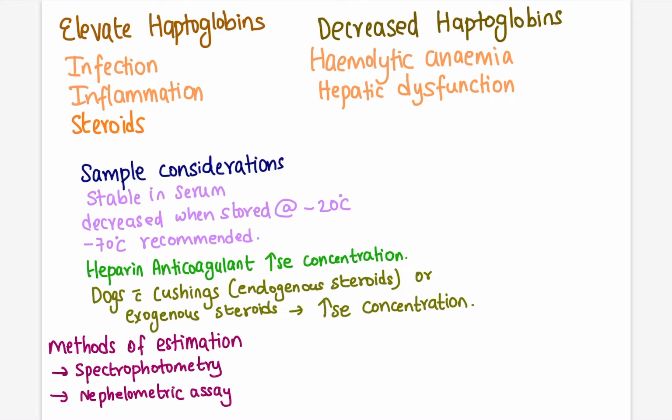So that creates a reduction in numbers. So haptoglobins are reduced in hemolytic anemia. And since haptoglobins are produced by the liver, when there is hepatic dysfunction or destruction of hepatocytes, again haptoglobins will not be produced in sufficient amount, so they will be reduced in amount.